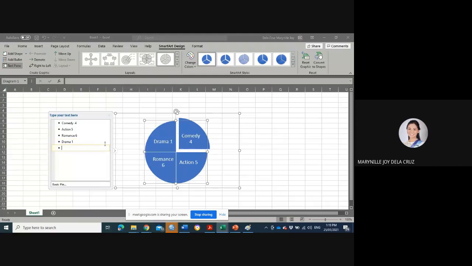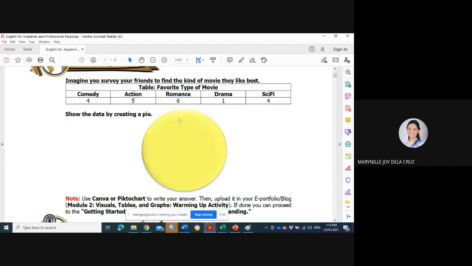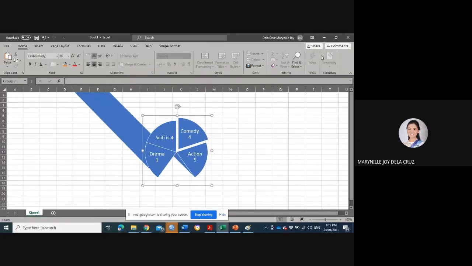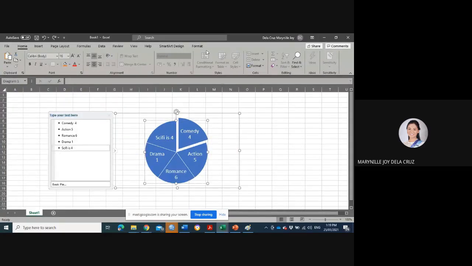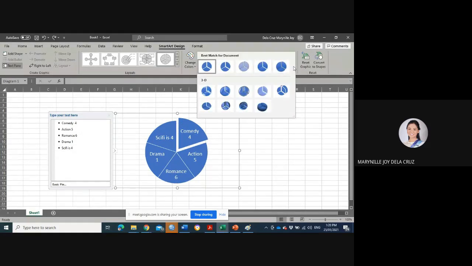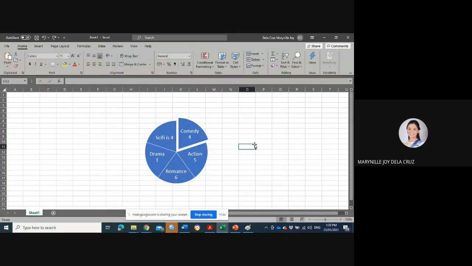And sci-fi is 4. Okay, so this is an example of a pie.